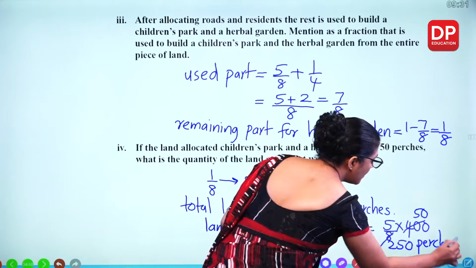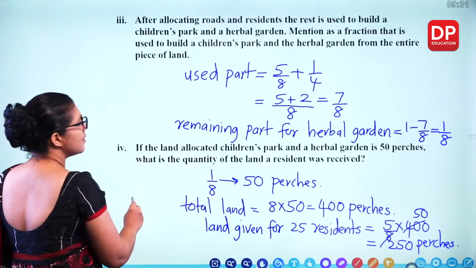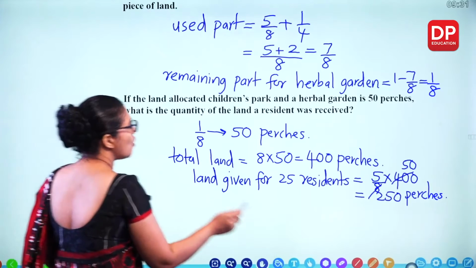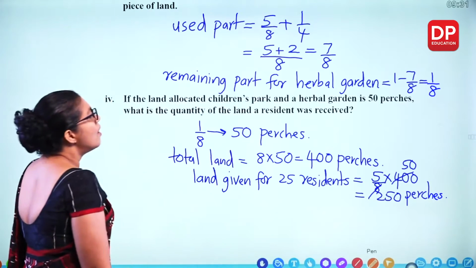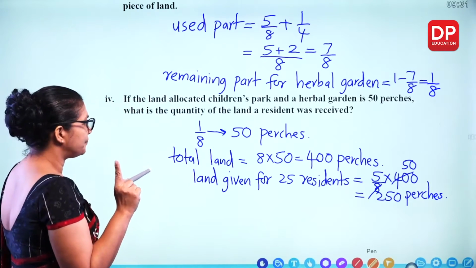25 residents. So what about for one resident? They are asking quantity of the land a resident received.